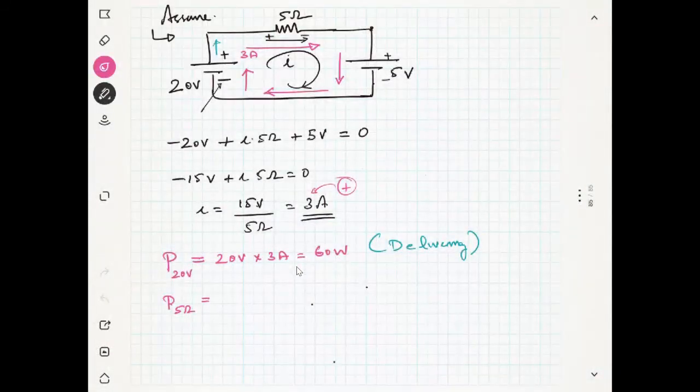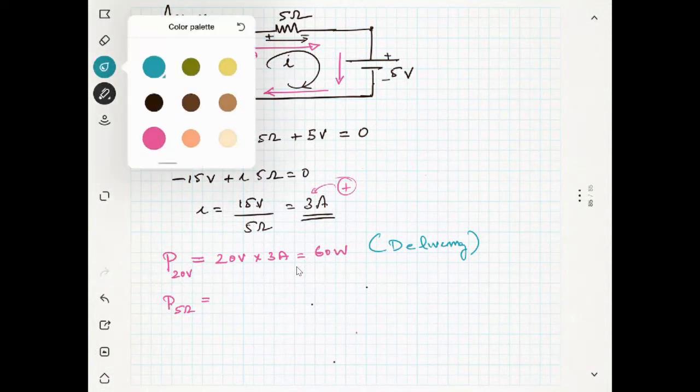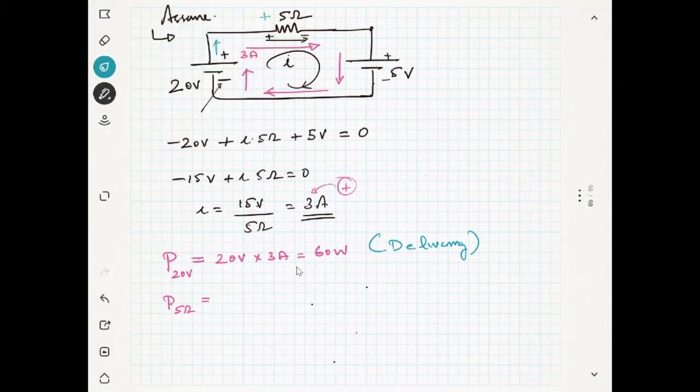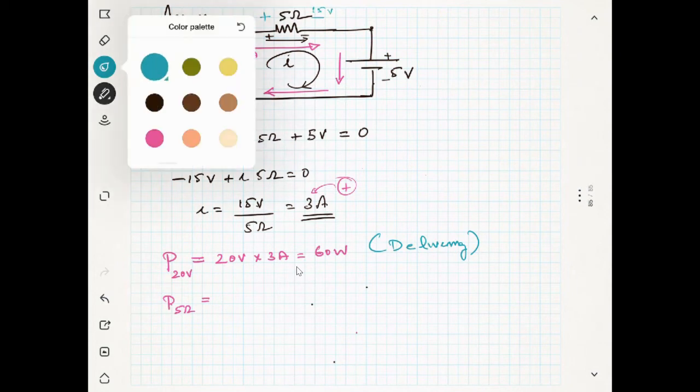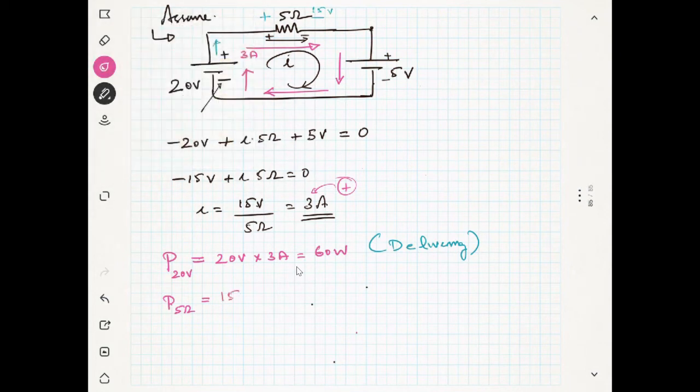So for the 5 ohm resistance, what will be the voltage across the 5 ohm resistance? Yes, it will be 3 multiplied by 5, which is 15 volt.